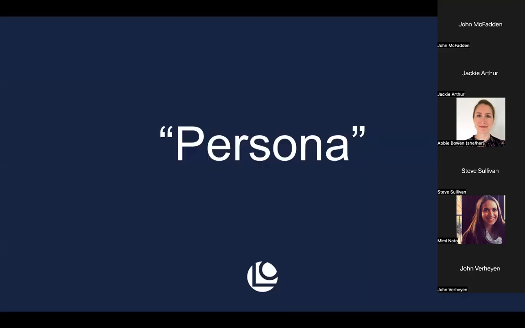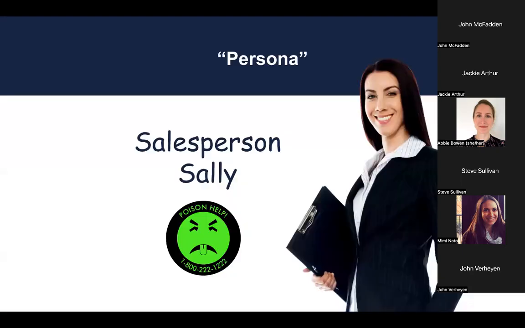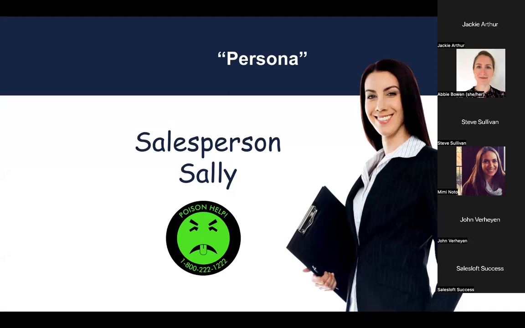Okay, so let's go to our next of our three. If you recall, there were three main components: action, goal, persona, and pain. Let's talk about persona now. Persona, in air quotes. Personas tend to be this, where it's like salesperson Sally, oh, salesperson Sally is going to be my persona.